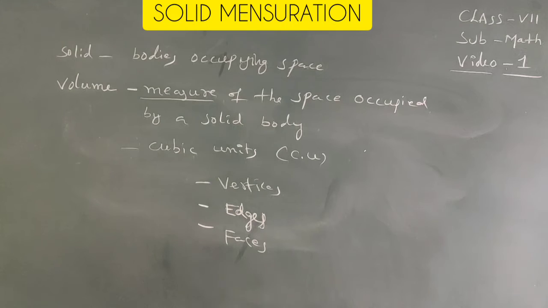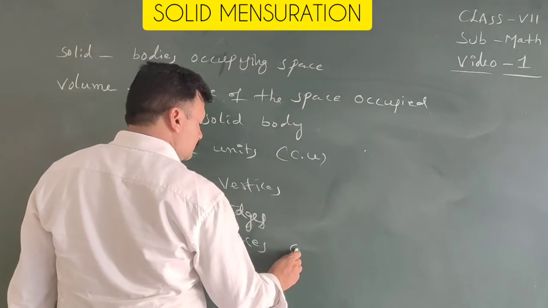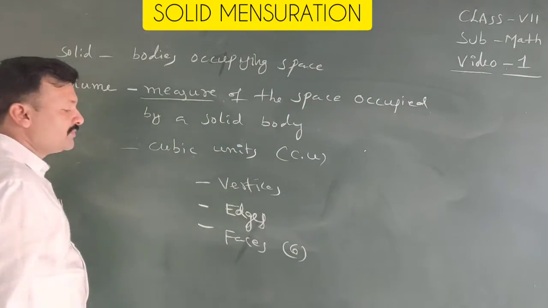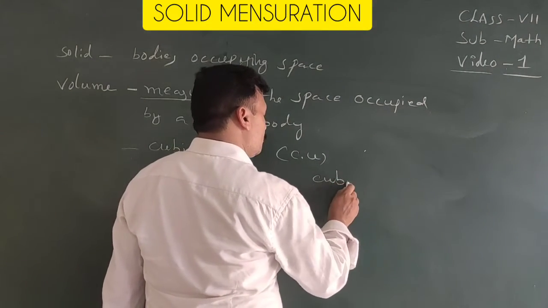Top means roof. Roof one face, floor one face: top one, bottom one, and 4 walls are given. Okay, top, bottom, and 4 walls. In total, it has 6 faces for a cuboid.